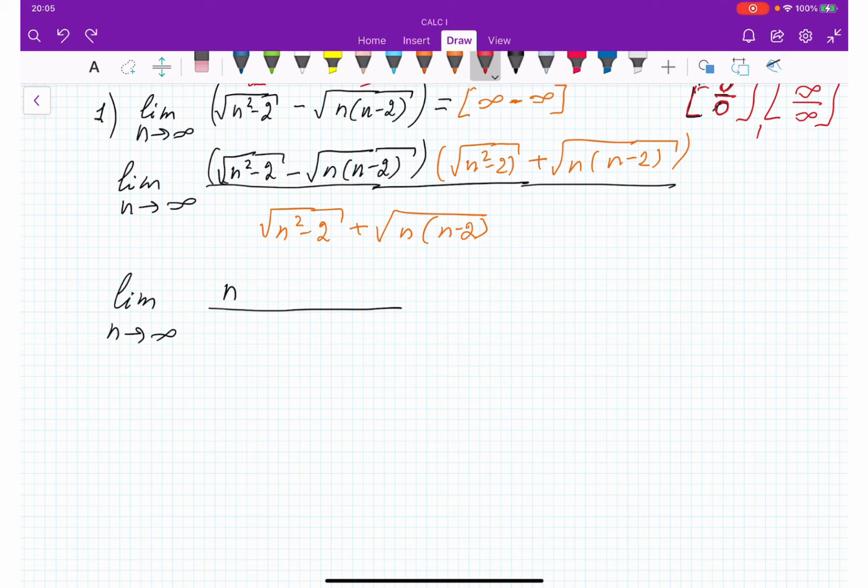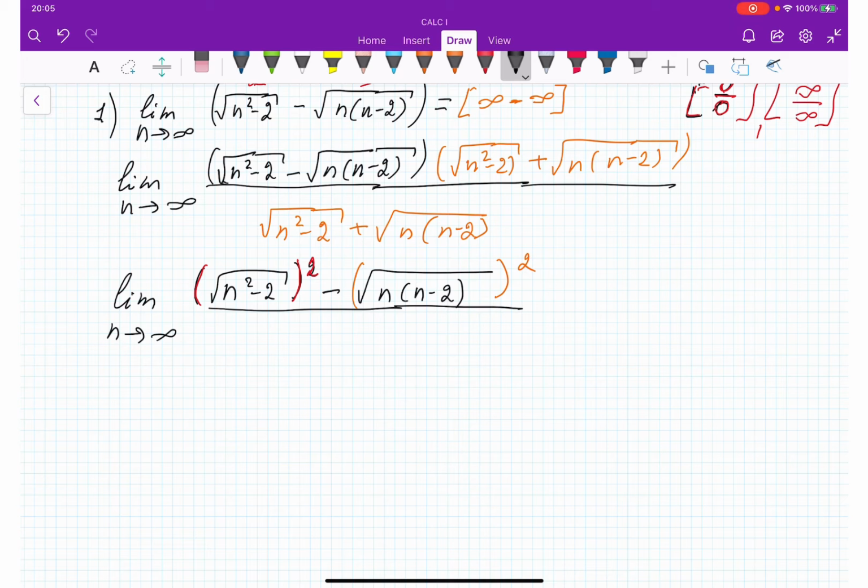Let me go step by step: the square of the first square root, minus the square of the square root of n times n minus 2, divided by square root of n squared minus 2 plus square root of n times n minus 2.